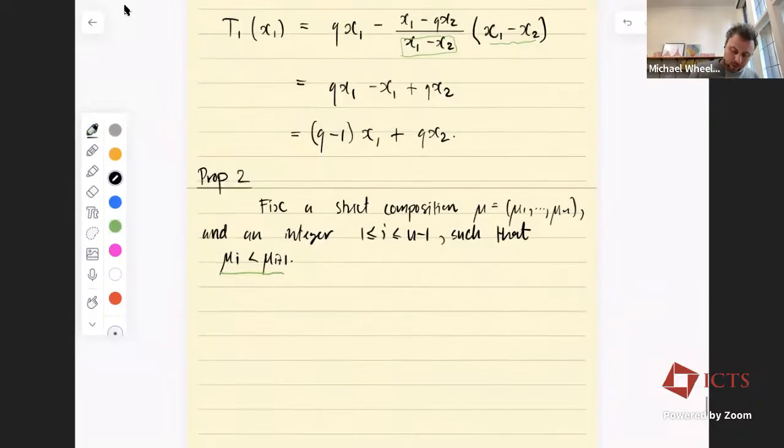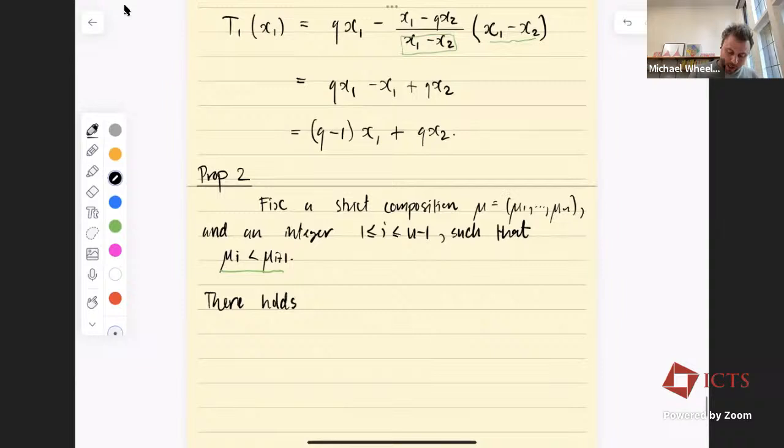Okay, so then there holds the following, that the action of Ti on f mu gives me f mu back again, but where I switch 2 of the parts of the composition around now, which is exactly what we wanted.